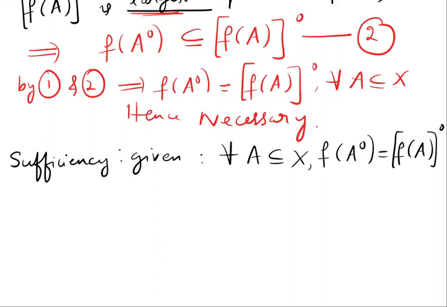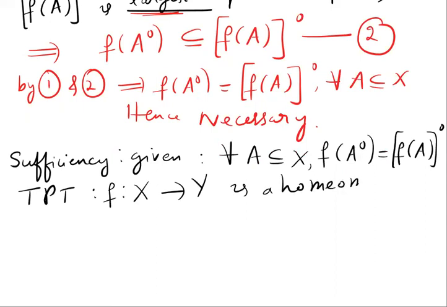This is what they have given. What is to prove? That F from the domain X to the codomain Y is a homeomorphism. That means we have to prove F is bijective, F is continuous, and the inverse is continuous.